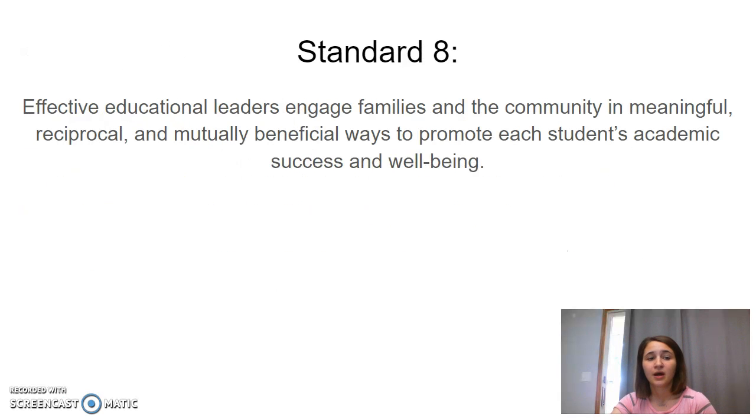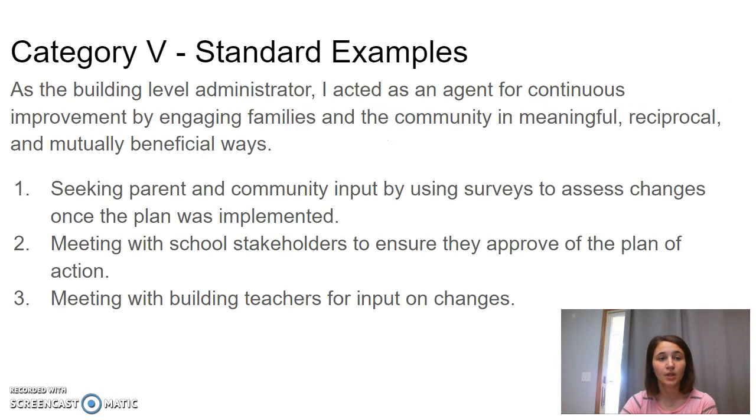Standard 8. Effective educational leaders engage families and the community in meaningful, reciprocal, and mutually beneficial ways to promote each student's academic success and well-being. Category 5, my standard examples. As the building level administrator, I acted as an agent for continuous improvement by engaging families and the community in meaningful, reciprocal, and mutually beneficial ways.